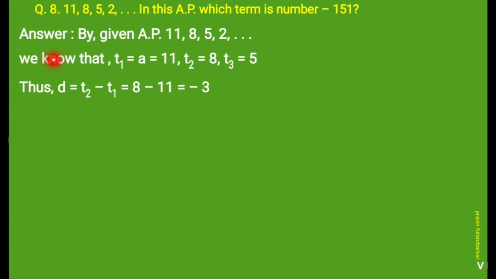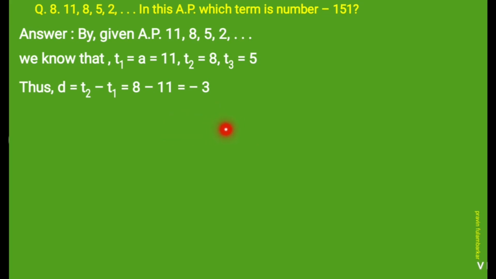So see here how to calculate the value. By the given arithmetic progression 11, 8, 5, 2, so 11 is the first term, 8 is the second term, 5 is the third term. So we write here T1 equals a equals 11, T2 equals 8, and T3 equals 5.